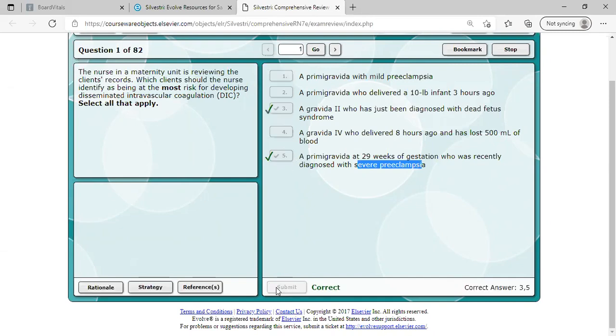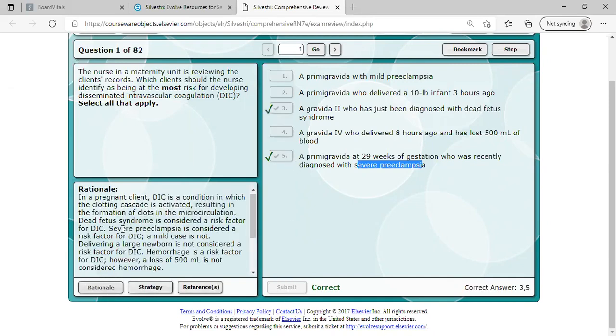Let me read the rationale, what they said. In a pregnant client, DIC is a condition in which the clotting cascade is activated, resulting in formation of clots in the microcirculation, and dead fetus syndrome is considered a risk factor for DIC.